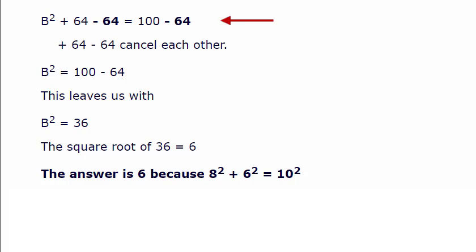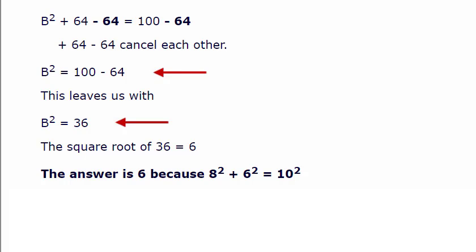So here we have b squared plus 64, which is the original equation, minus 64 equals 100 minus 64. Remember, we're subtracting 64 from both sides of the equation, and that makes them equal on both sides. So plus 64 minus 64, they cancel each other out to 0. And so that leaves us with b squared equals 100 minus 64.